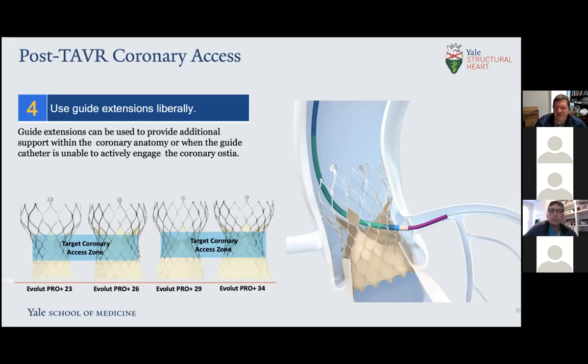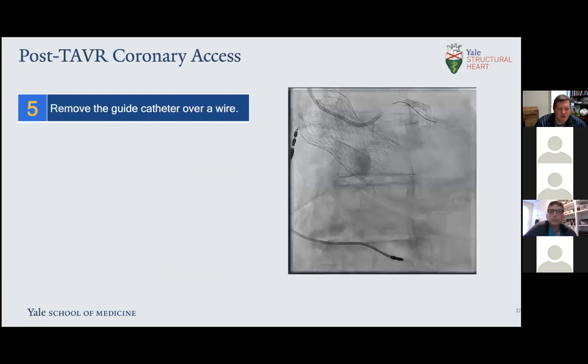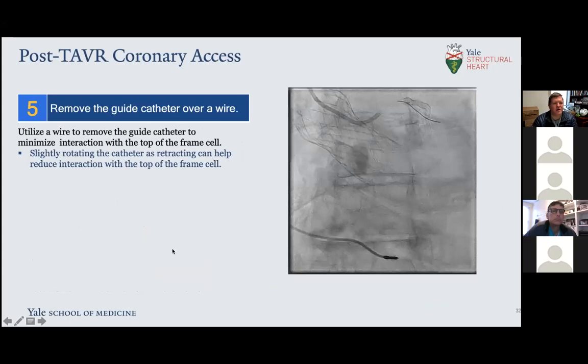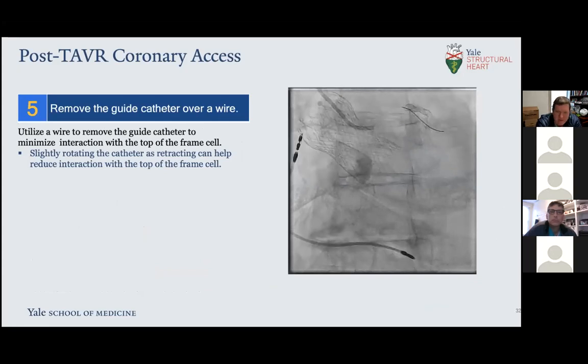Last thing that I want to say, and this isn't something that you will probably have thought of before, is to remove the guide catheter over a wire. As you can see here, when you're disengaging your guiding catheter, they are pulling it back while the wire is still down the coronary artery.